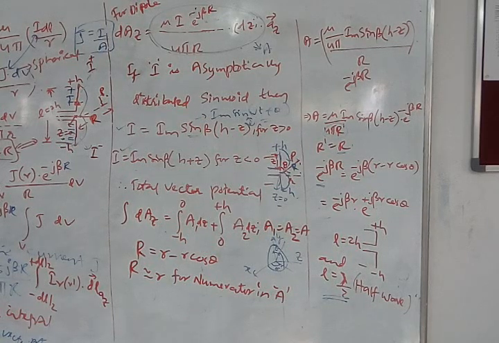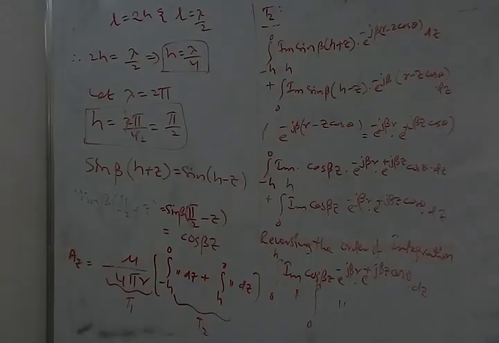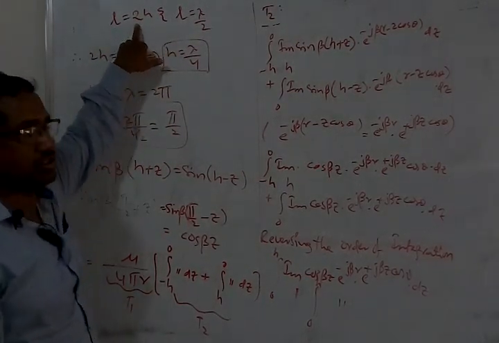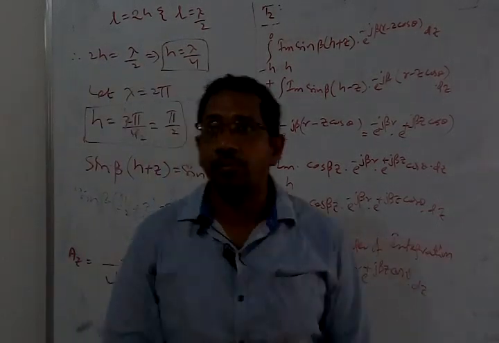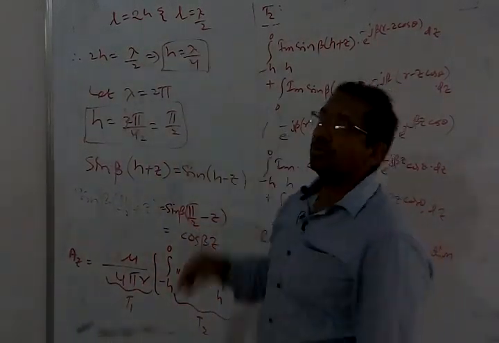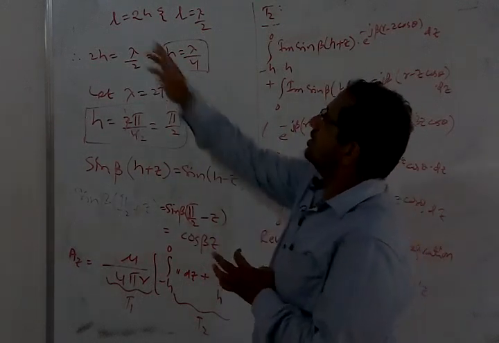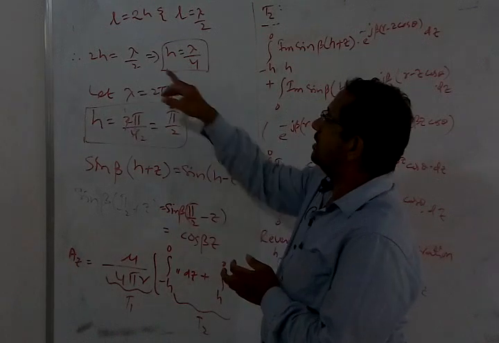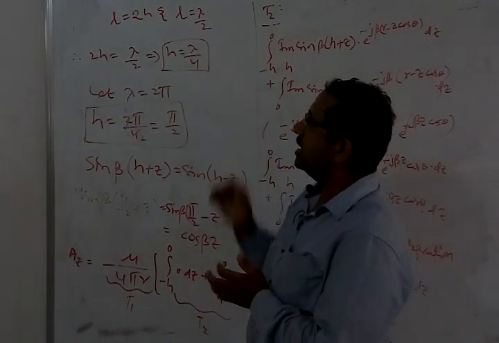In the numerator part we have e power minus j beta capital R, so that we have substituted. Finally, our destination is the dipole antenna, so let us extend that dipole antenna condition now. The basic equation we have got is L equal to 2H as per the dipole antenna construction. For a half wave dipole, L is taken as lambda by 2. Equating, I get the value for H: H becomes lambda by 4.